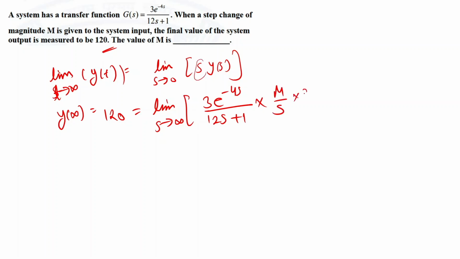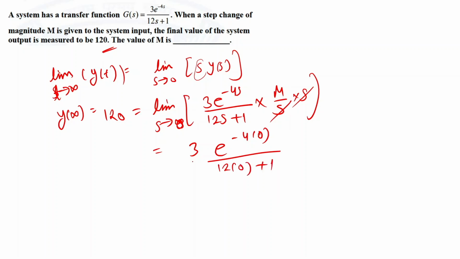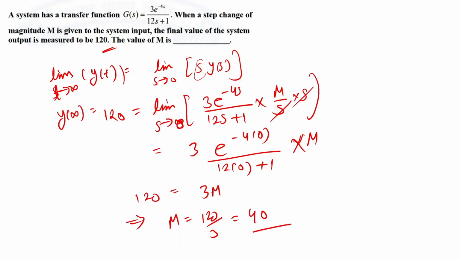The s over here will get cancelled out, and then we can replace s with 0 to get 3 into e raised to minus 4 into 0 upon 12 into 0 plus 1, into m. So this will be equal to 3m is equal to 120. From here we can find the magnitude of m as 120 upon 3, which is equal to 40.